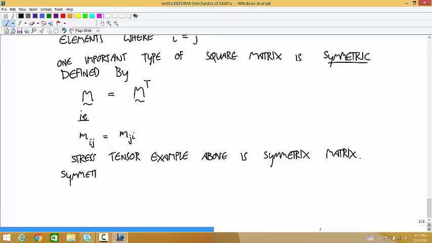But symmetric matrices have a really important property, and that is that all eigenvalues are real. There's no imaginary eigenvalues in a symmetric matrix.